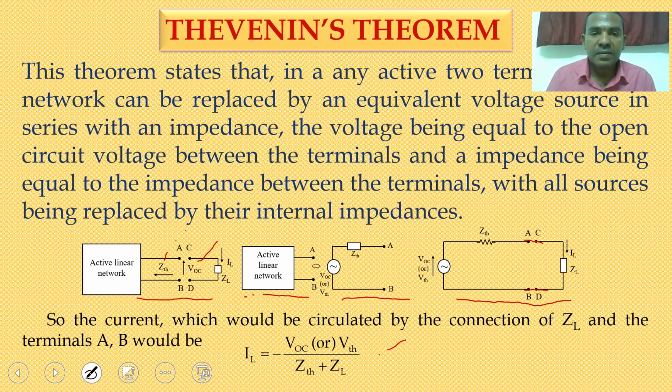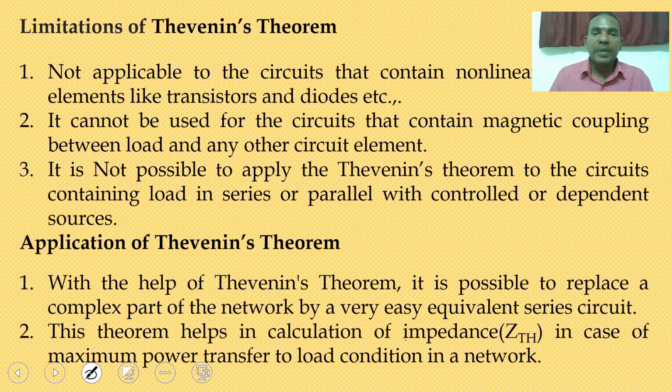Okay. So come to the limitations and applications of Thevenin's theorem. It is not applicable to circuits that contain non-linear and time-variant elements, such as transistors, diodes, etc. Also, this theorem is not applicable when there is magnetic coupling between the load and any other circuit elements.